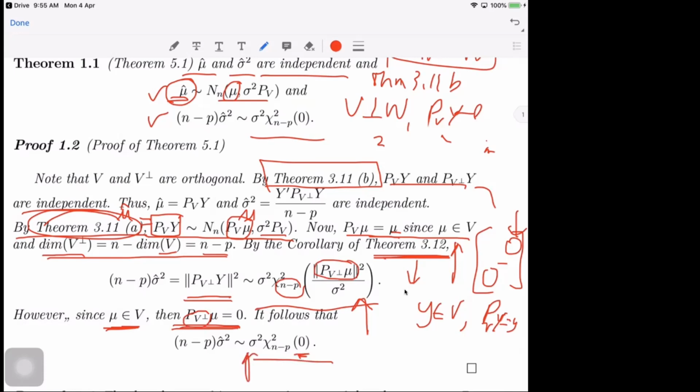So in general, pwede ninyo isulat as n minus p sigma hat square over sigma square is chi-square n minus p central. No? Pwede inani na forma. This form here is familiar. That is actually the test statistic when you are testing variance, no?